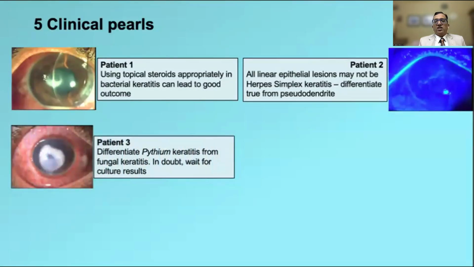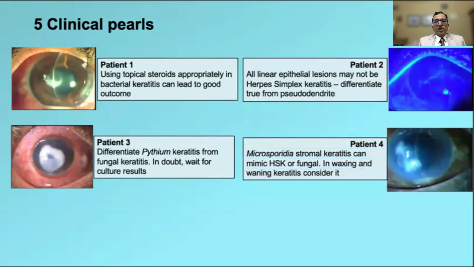From patient 3, we learned about a new emerging infection, pythium, which is now increasingly being reported from India, and an organism that looks like fungus, talks like fungus, eats like fungus, but is not fungus, and you cannot treat the patient like fungi. You need to use an antibiotic.